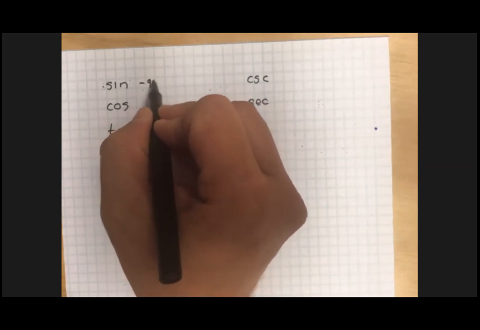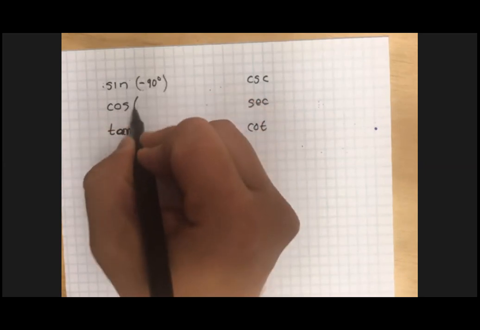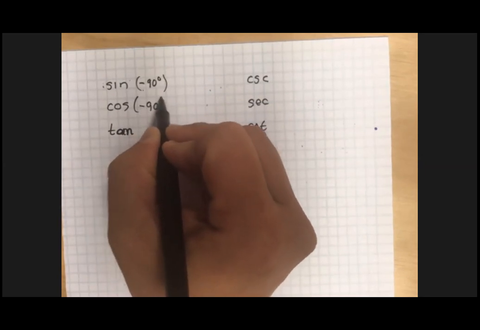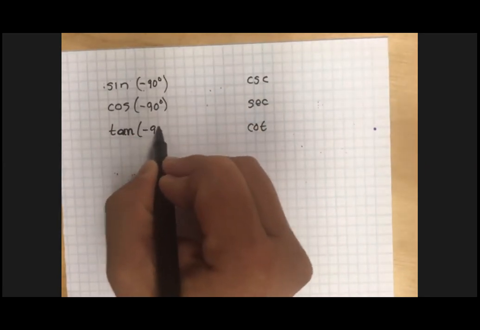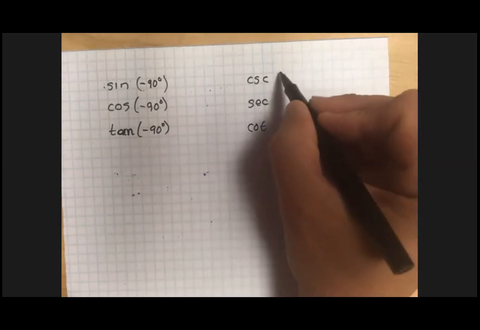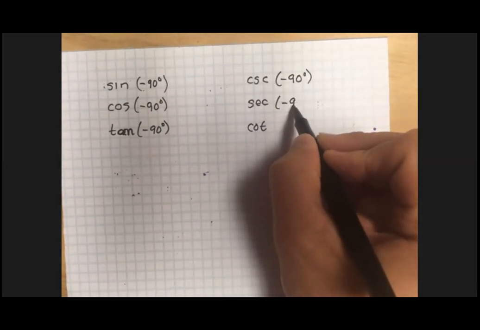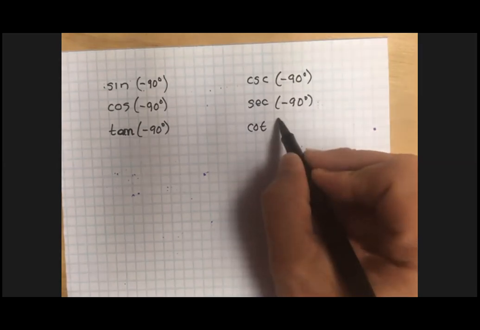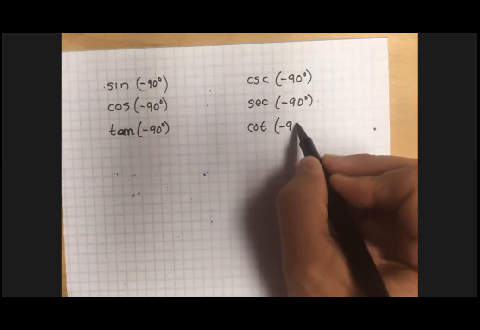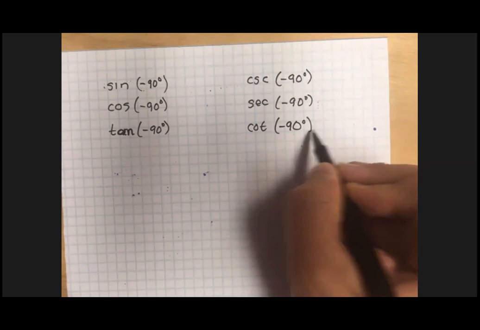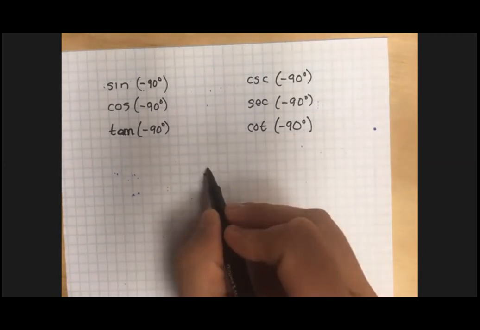But let's say sine of minus 90 degrees. Cosine of minus 90 degrees. Tangent of minus 90 degrees. Cosecant of minus 90 degrees. There's something you have to be careful about when you have an angle on the axes, right? Let's draw it.